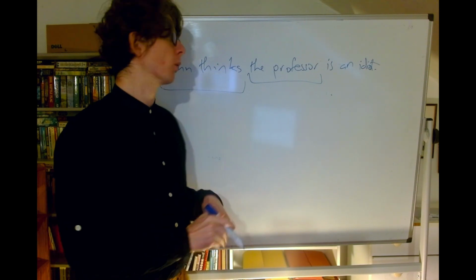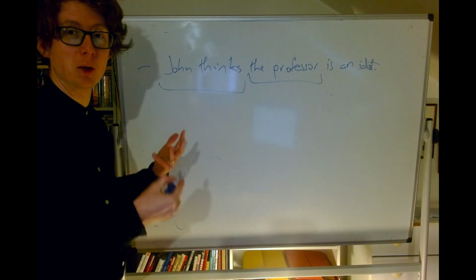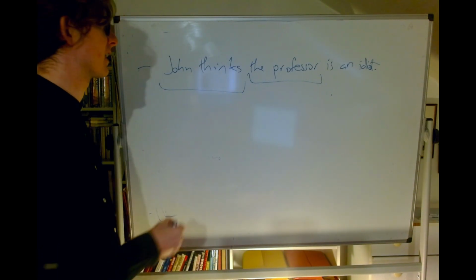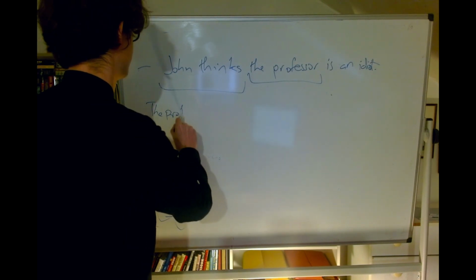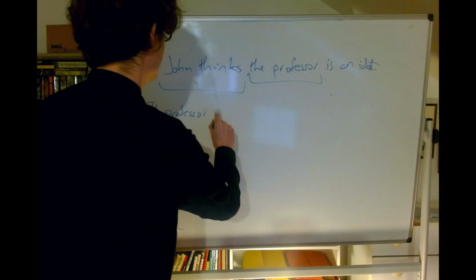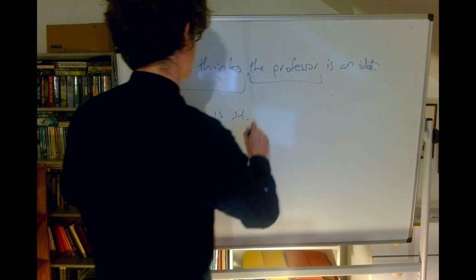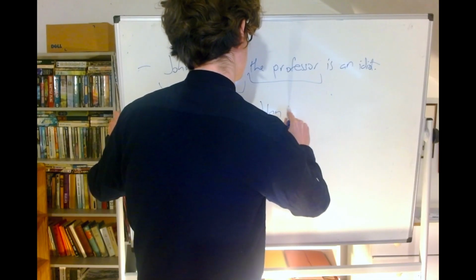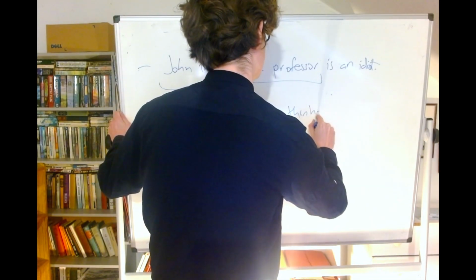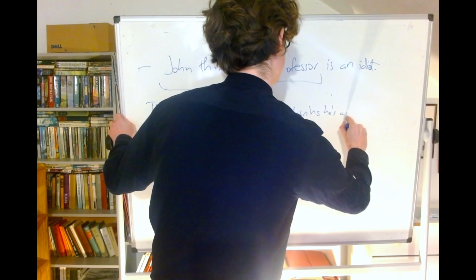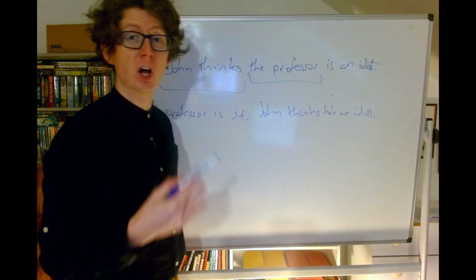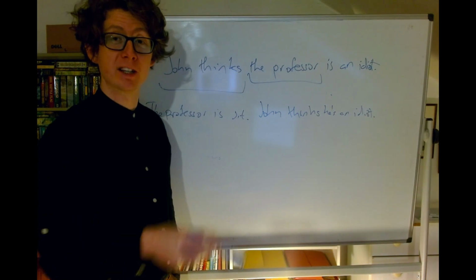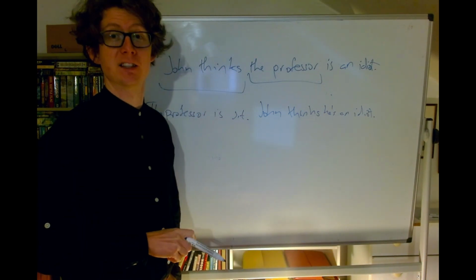So just like before, another way of saying that, though it's not natural English in the same way, is: the professor is such that John thinks he's an idiot. Because the guy who actually happens to be the professor is the guy that John thinks is an idiot.